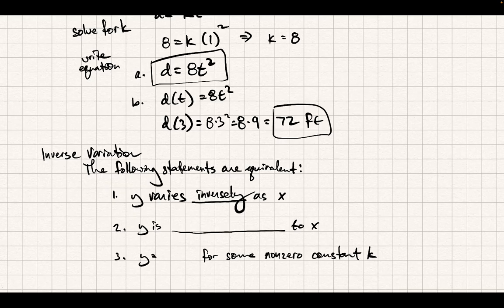So what's my second equivalent statement? y is inversely proportional to x. Carlo agrees. What formula am I going to use for y varies inversely as x with some constant k involved?